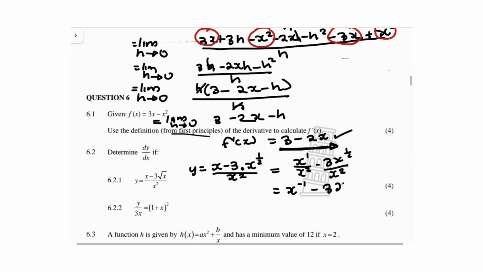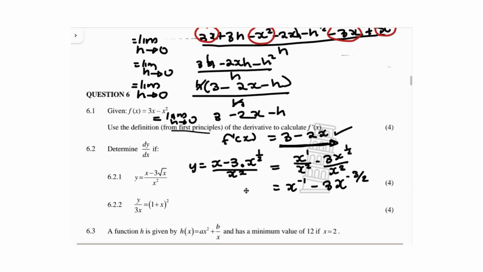So that is 3x^(-3/2). Then now we can start differentiating. So we go dy, okay, that is still y. And now that we are differentiating, we say dy/dx equals 2.